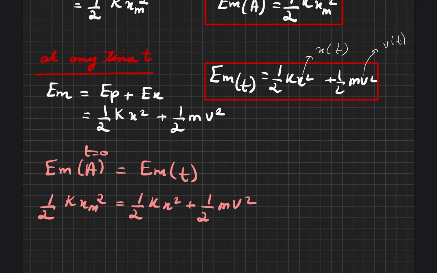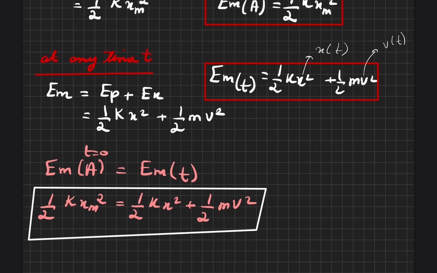Now, what I want you to do is take this expression here and study it. I want you to study this part here. This part consists of half k, which is the spring constant, and xm squared. As we said, xm is a constant value, so this whole expression here is constant, right?